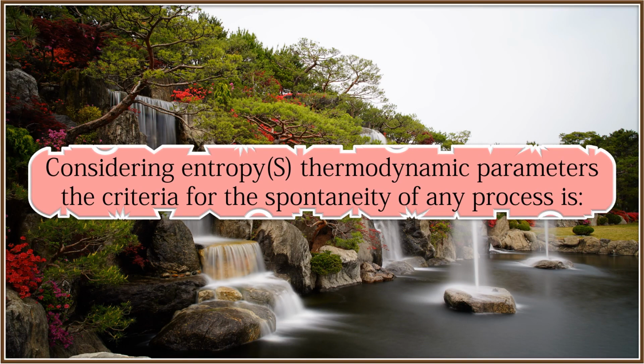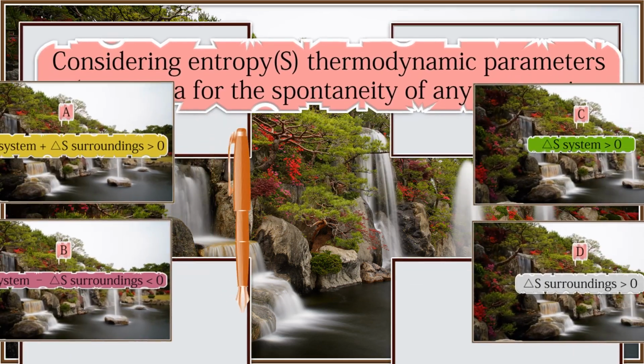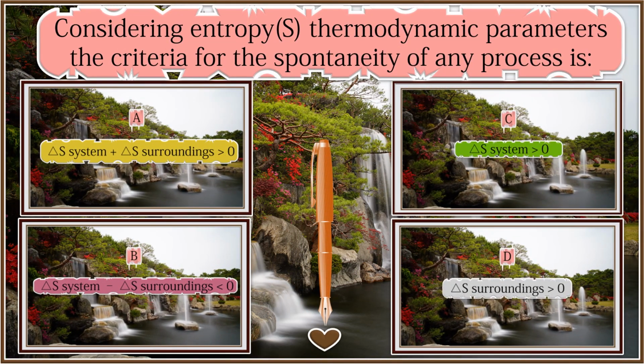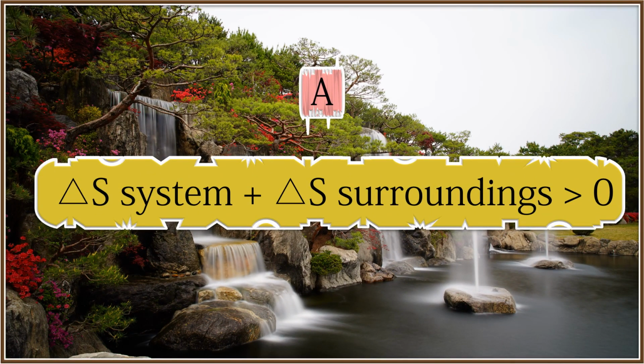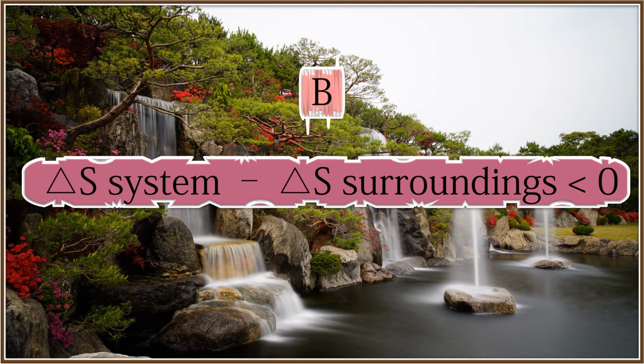Considering entropy, thermodynamic parameters, the criteria for spontaneity of any process is change in entropy system plus change in entropy surroundings is greater than 0. Change in entropy system minus change in entropy surroundings is less than 0.